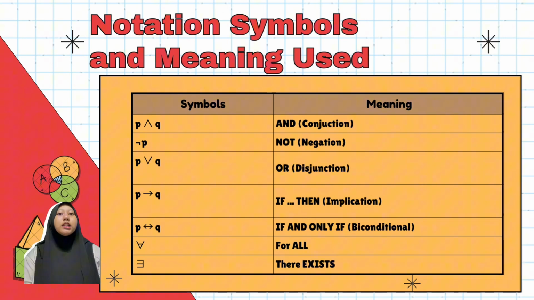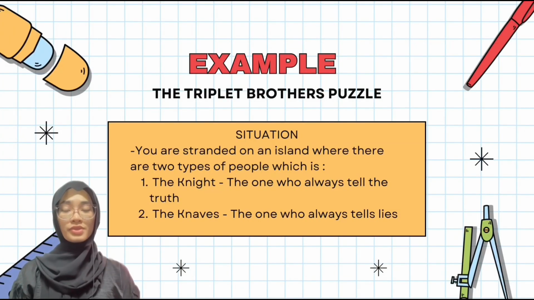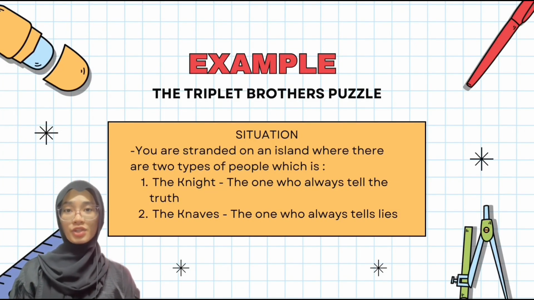Third is disjunction. Number 4 is implication. 5 is biconditional. 6 is for all, and 7 is exist. That means someone or not all. I will present an example of logical reasoning using a famous puzzle called the Triplet Brothers Puzzle.